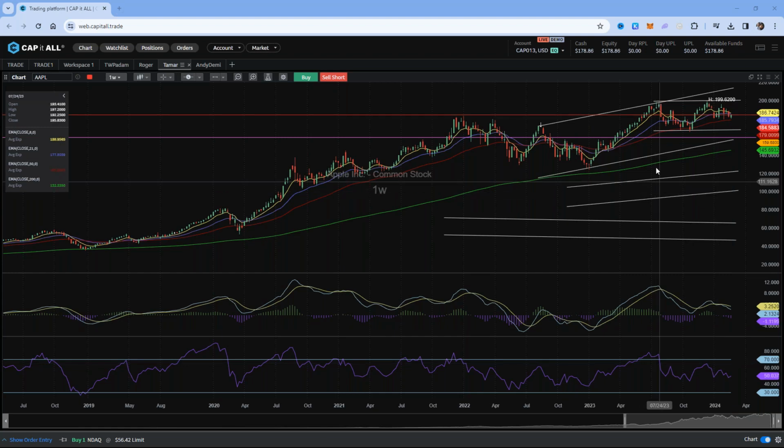For me, this is just consolidating, potentially. A nice pullback somewhere here into this level would be quite nice. But you can see even here with the MACD, it's flat, crossing through, up and down. It just looks like a range right now in Apple.